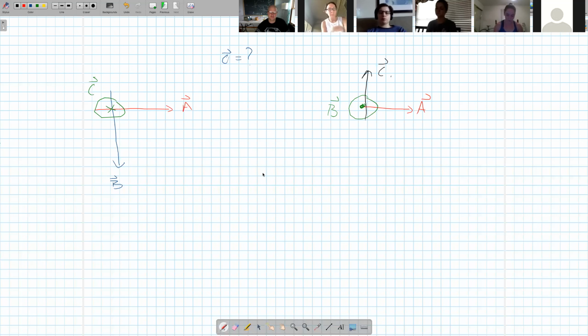This time I'm going to take A coming out of the page. And let's take B, I don't know, let's go straight down. So this is B. So what's the direction of C? Who could tell me the direction of C?